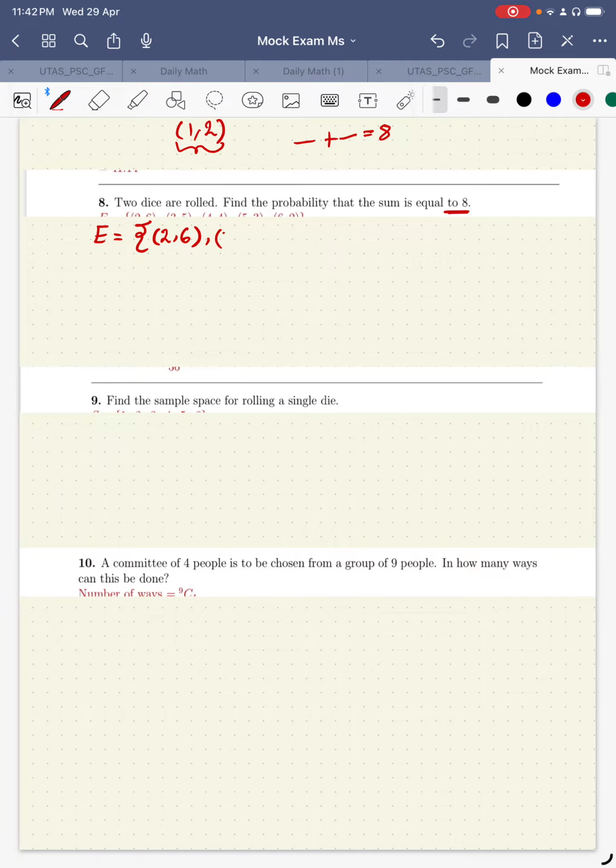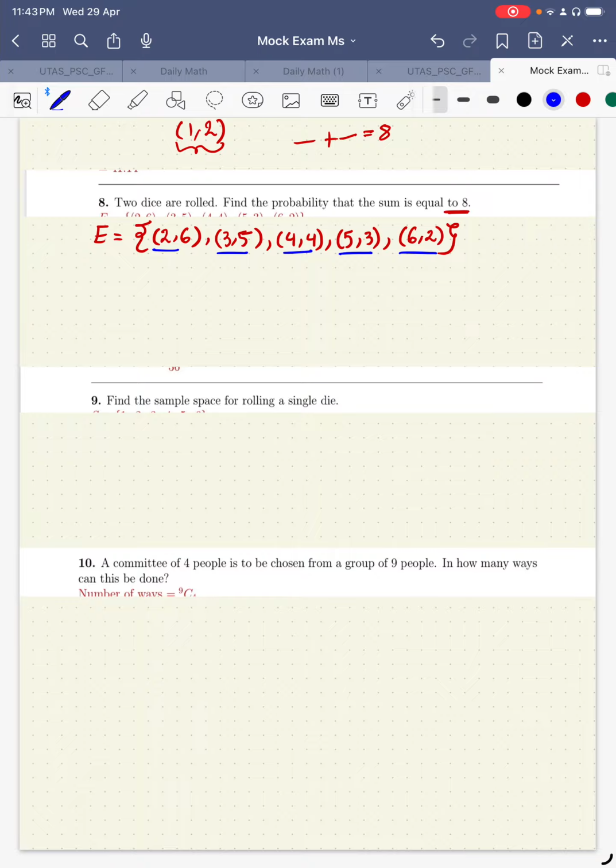I'm gonna have 3 and 5. Also, I'm gonna have 4 and 4. What else? I'm gonna have 5 and 3. What else? 6 and 2. So how many outcomes do I have? I have 5 outcomes: 1, 2, 3, 4, and 5. I have 5 different outcomes.